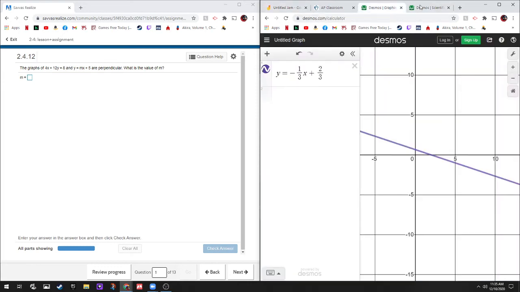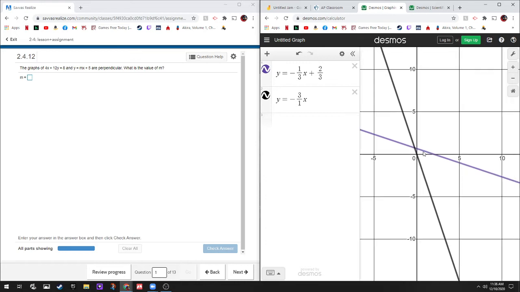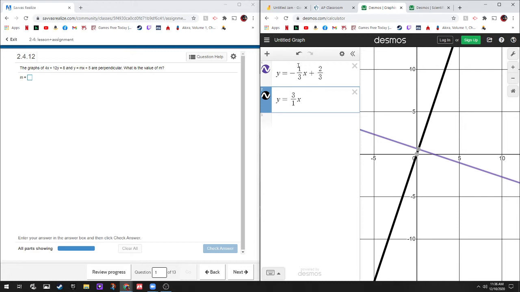Some people think that if you take it and you flip it upside down, that gets you perpendicular. But I hope that you can see that's clearly not a right angle right there. So it's not just flipping it upside down. What you also have to do is remove the negative or put one on. So whether or not it looks like it, I promise you, these two lines are now perpendicular.